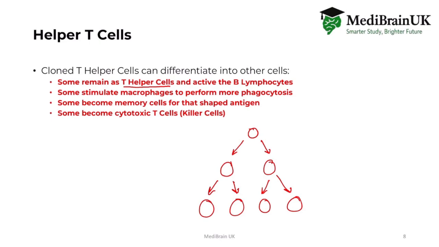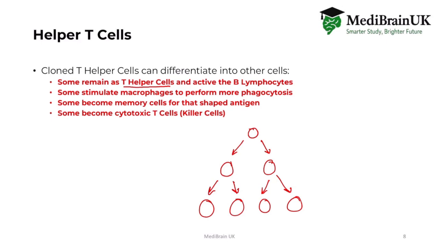These cloned helper T cells can now differentiate into different functions. Some will turn into phagocytes to carry out phagocytosis. Some will stay as T helper cells so that B cells can be activated. Some turn into cytotoxic T cells. Some become memory cells. That's what your T helper cells can become, and that's basically the end of cell-mediated responses.